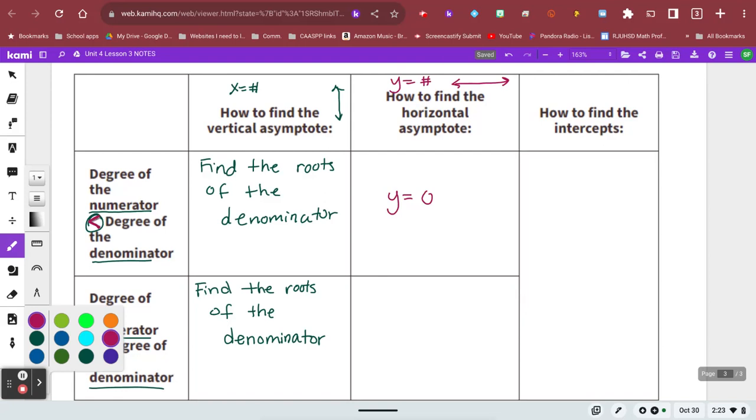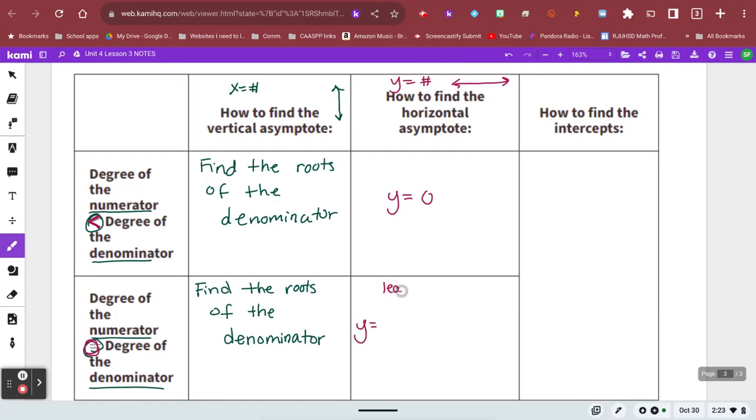Now, if it's not greater than and it's equal, what you're going to do is you're going to go y equals the lead coefficient of the numerator divided by the lead coefficient of the denominator. And that's how you're going to get your horizontal asymptote.